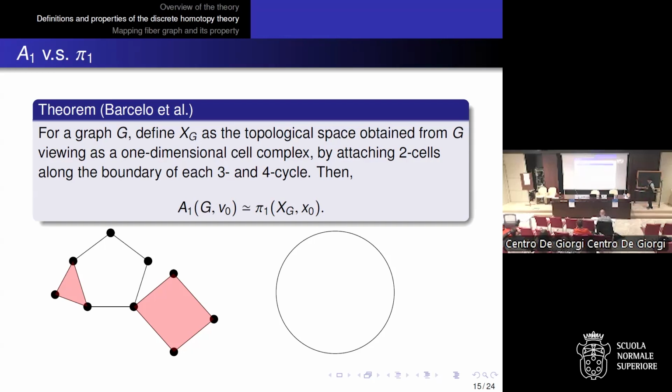So in some sense, this X_G is a kind of geometric model of this graph. This is just a classical result. Of course, we want to expect the higher version, but it was conjectured for a really long time.